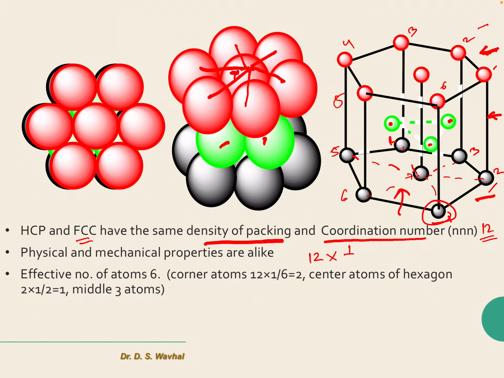So 12 into 1 by 6 is the contribution. Then consider this one and this one. These two are shared by 2 unit cells, so its contribution is half. So 2 into half, plus these three, 1, 2, and 3, three atoms. They are inside the unit cell, so its contribution is 3. And that's how the effective number of atoms is 6.